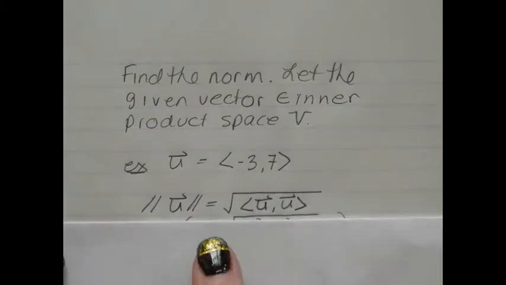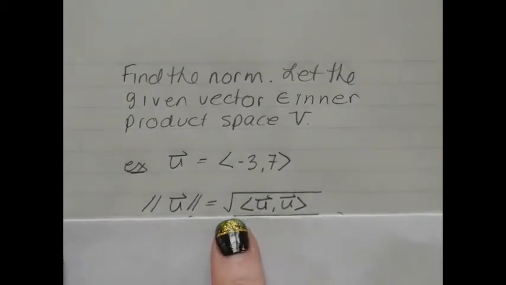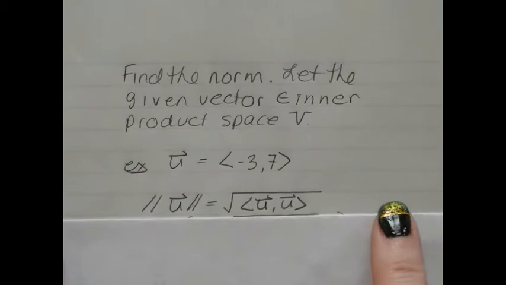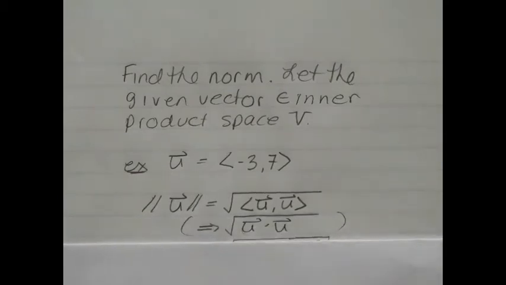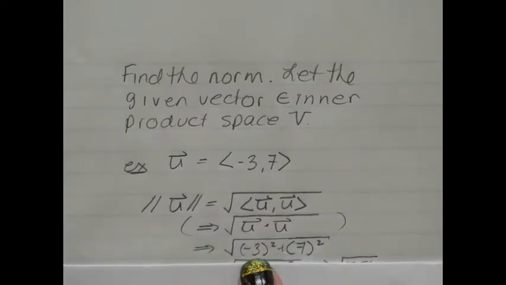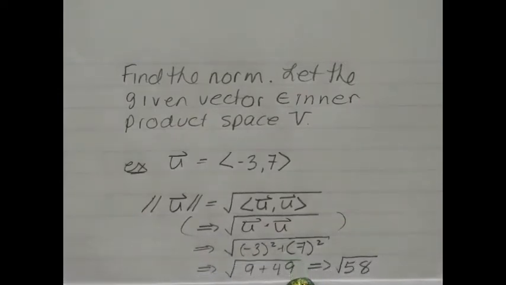According to the definition of inner product space, the setup is the square root of u comma u. But this is nothing more than using the dot product rule. And so you will end up with -3 squared plus 7 squared, and that gives us the square root of 58.